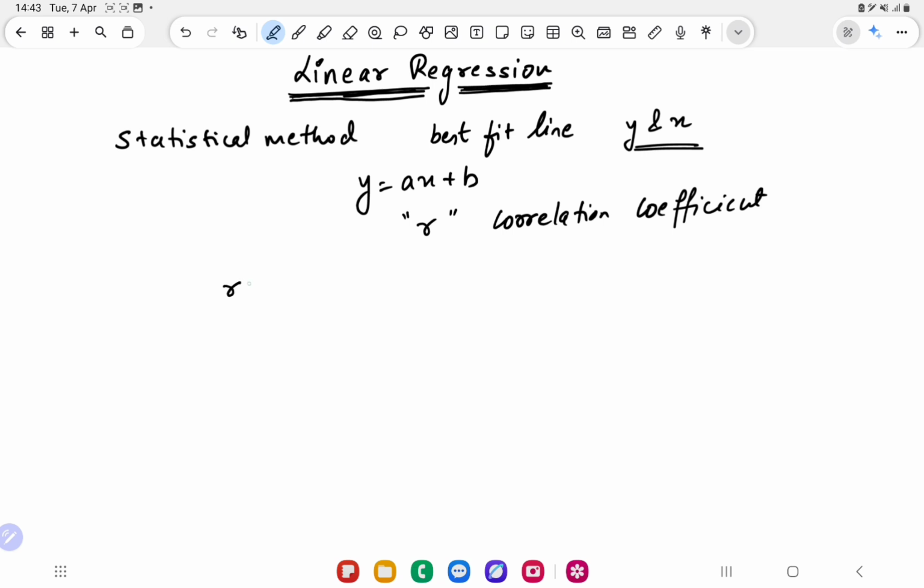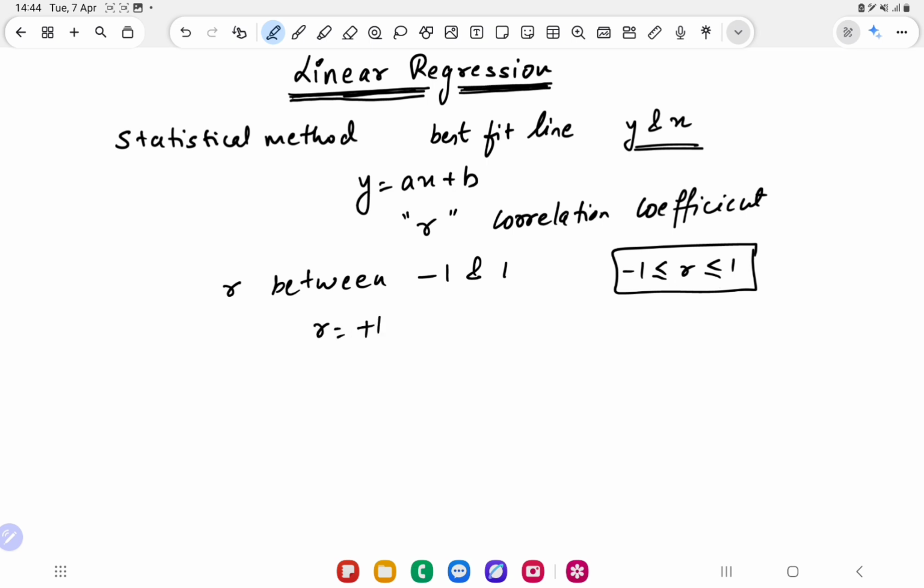Now my R value will always vary between -1 and 1. So I can write it like this, that my R value is always between -1 and 1. If my R value is exactly 1, it's a perfect positive relationship between the two variables.